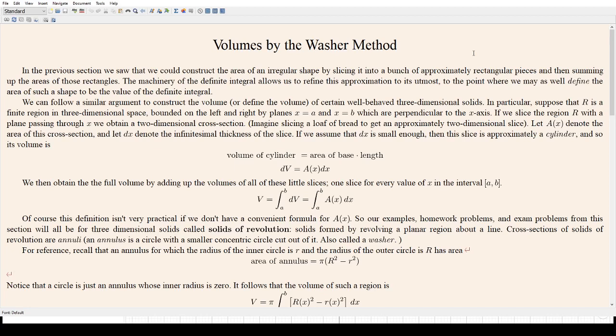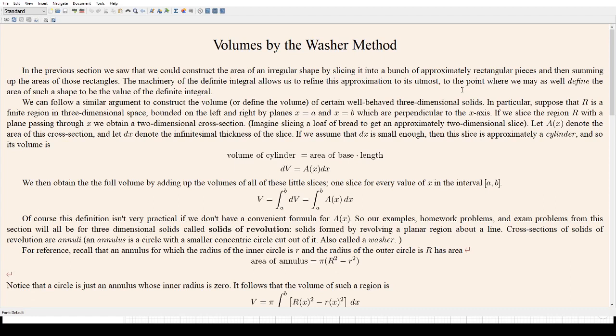And consequently, that slice is approximately a rectangle, and so we can find its area. The definite integral then gives us the machinery to add up all of those little areas, the areas of the little slices, thereby giving us the area of the whole thing.